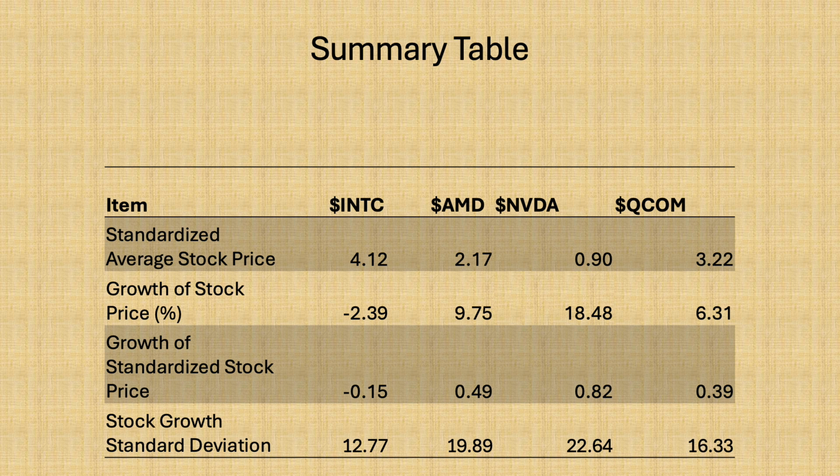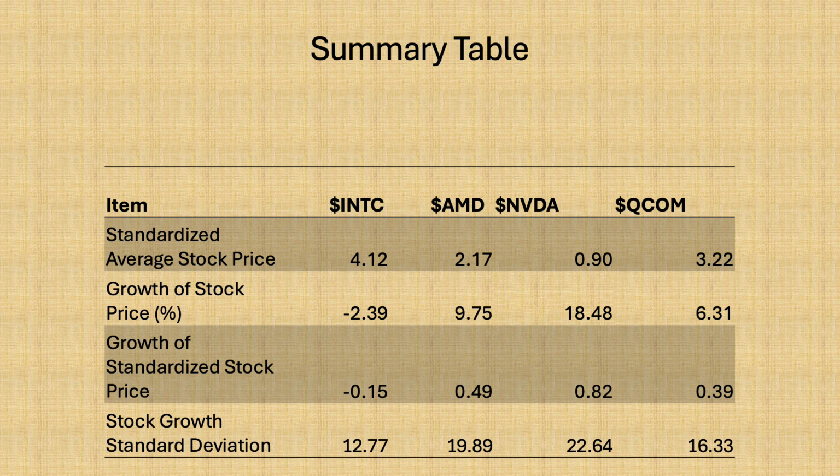So comparing NVIDIA and AMD, NVIDIA's growth rate is almost twice that of AMD, and triple that of Qualcomm. Okay? Now let us see what the growth of standardized stock price shows us. It basically confirms what we see above. NVIDIA's standardized stock price growth is 0.82.